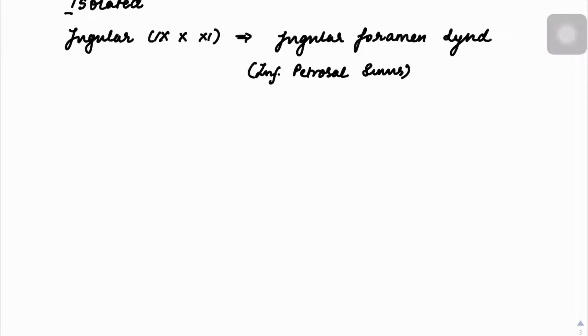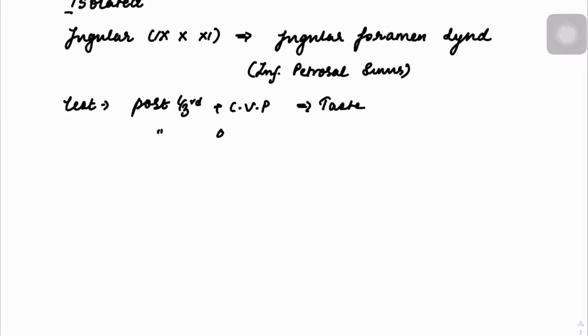these 3 cranial nerves. Now if you want to test for glossopharyngeal nerve lesions, you can test the posterior one-third of the tongue as well as the circumvallate papillae, that is for taste and general sensation, and also the posterior one-third of the tongue for general sensation.